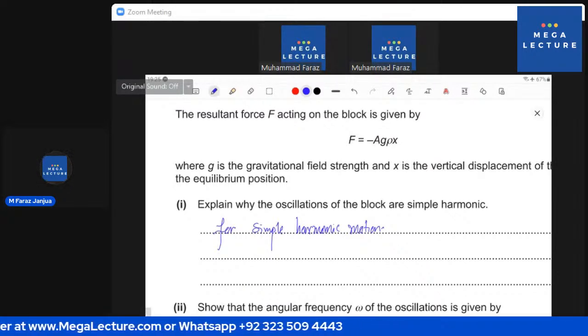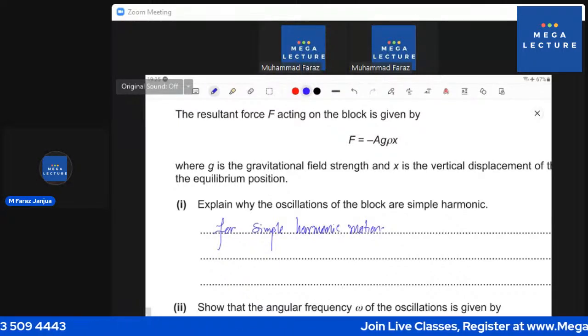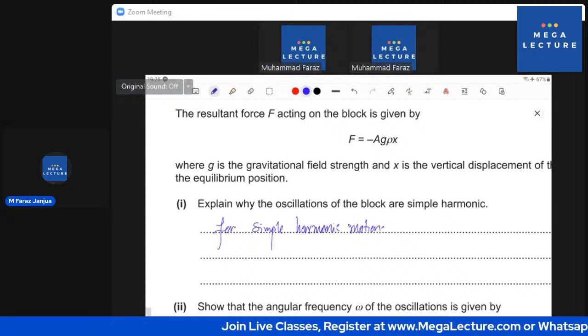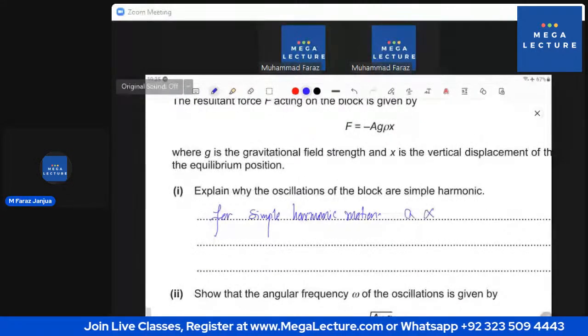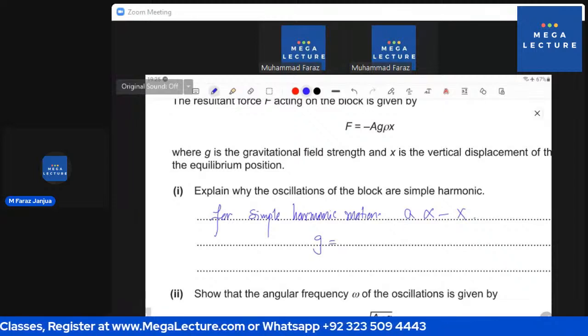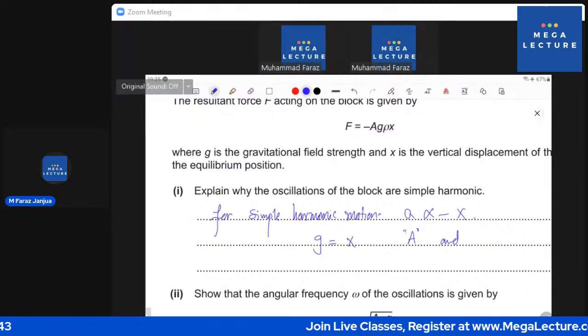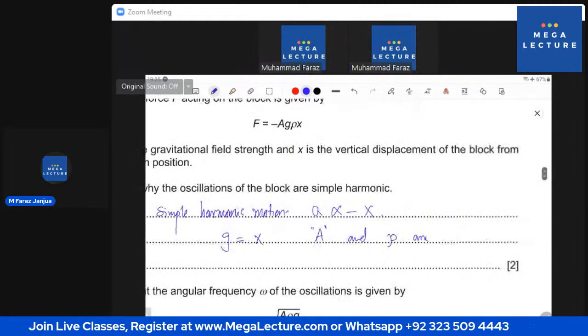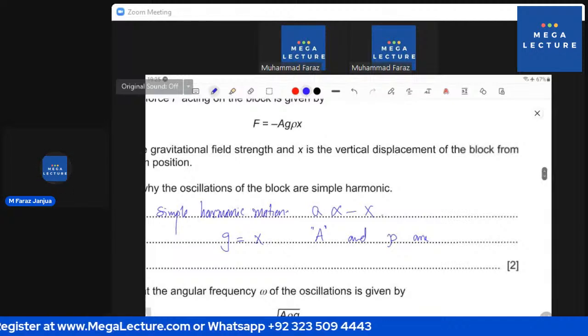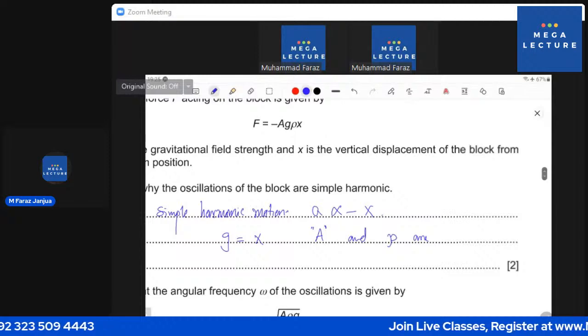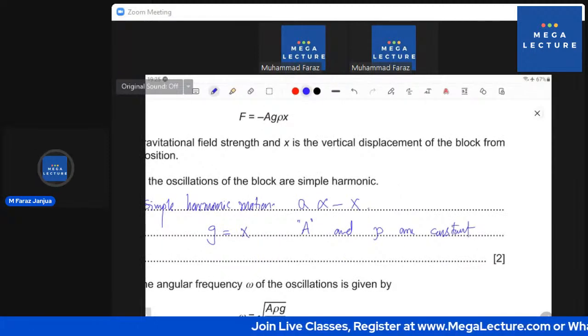So for simple harmonic motion, a is directly proportional to minus x, where rho and g are constant, and F can be replaced with ma.